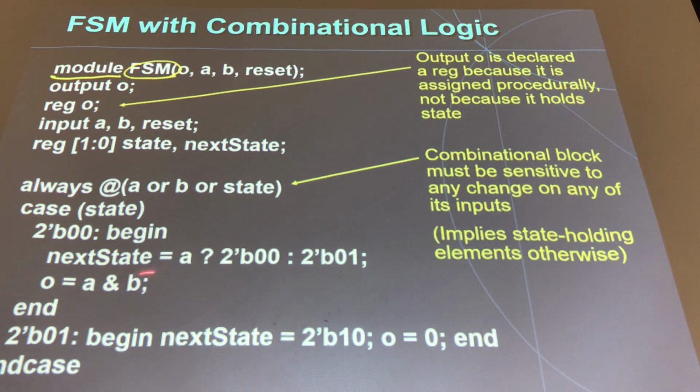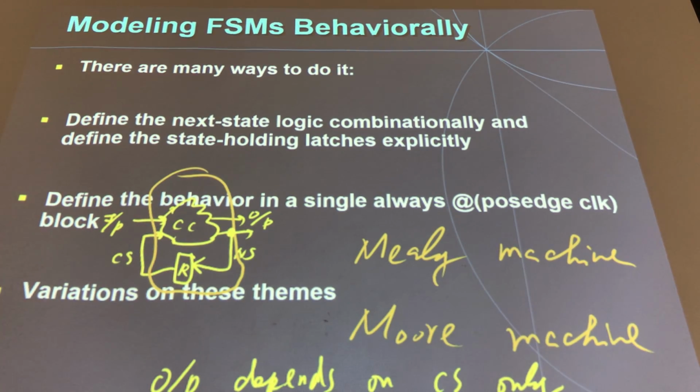A and B, again, these are all input signals, and together they provide the output signal. You are evaluating for the next state and output.